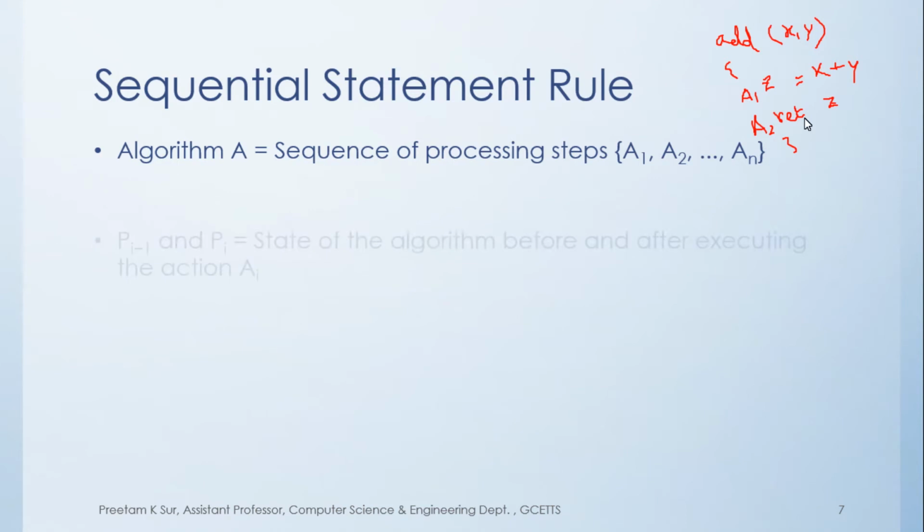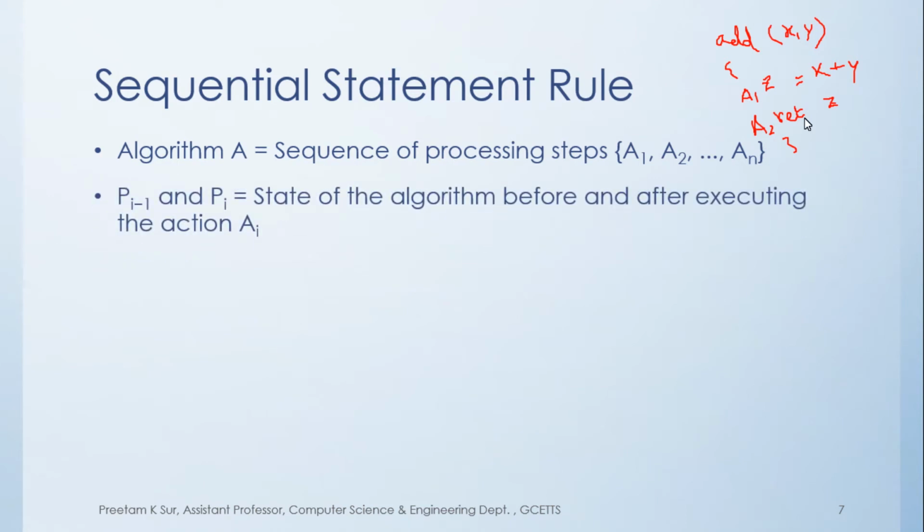Okay, so this sequential statement rule can be applied to an algorithm that consists of a sequence of processing steps like a1, a2 up to an, which will be executed sequentially from a1 to an, and we'll also define p(i-1) and p(i) as the state of the algorithm before and after executing the action ai.